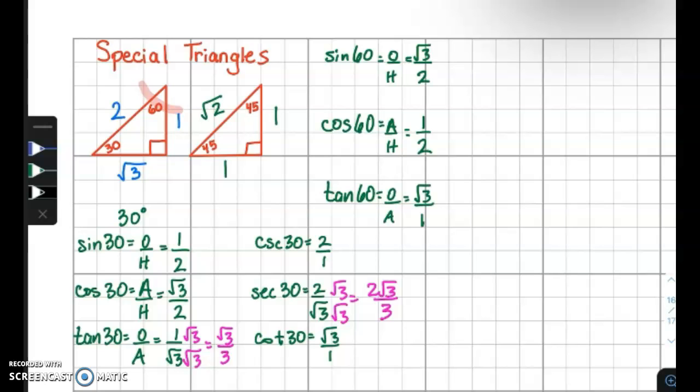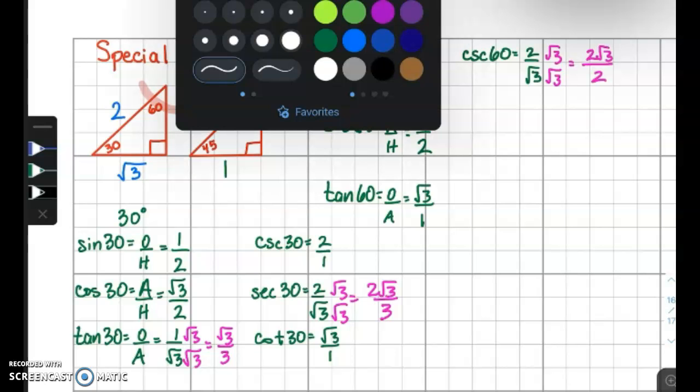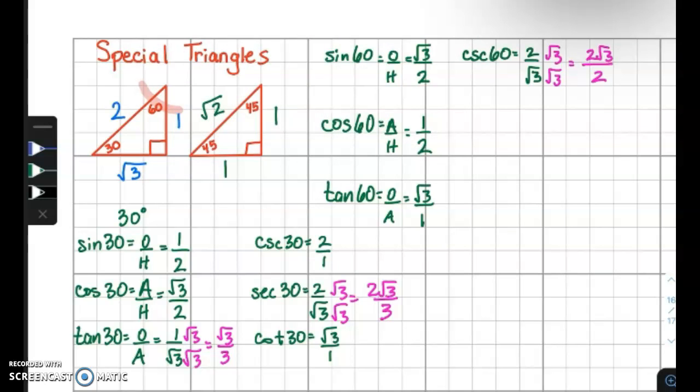And then we're going to find the reciprocals. So cosecant of 60 is going to be 2 over radical 3. If you flip sine's fraction upside down, you're going to need to rationalize it. So multiply by radical 3 so that you don't have a radical in the denominator. Then we're going to find the secant of 60, which is cosine upside down, so 2 over 1.